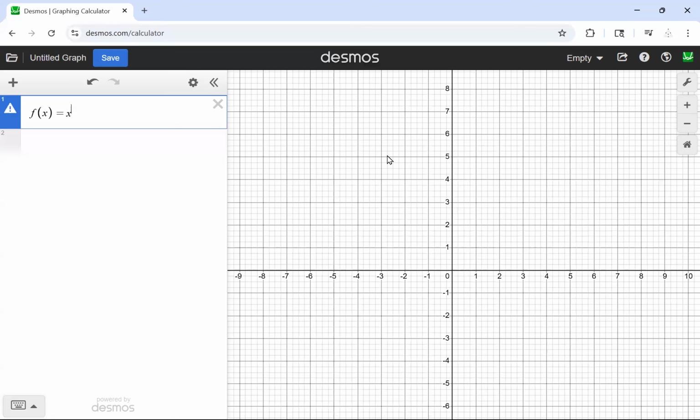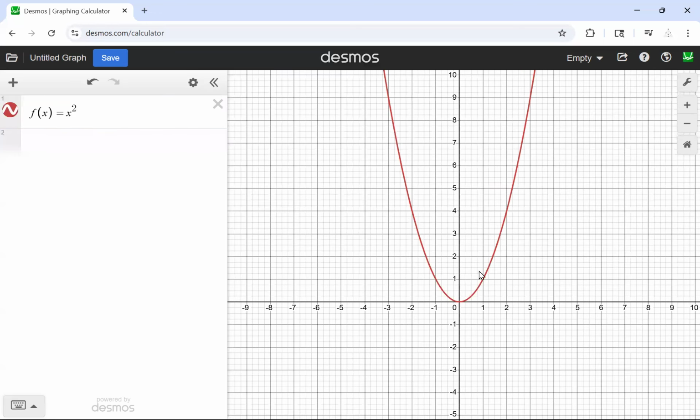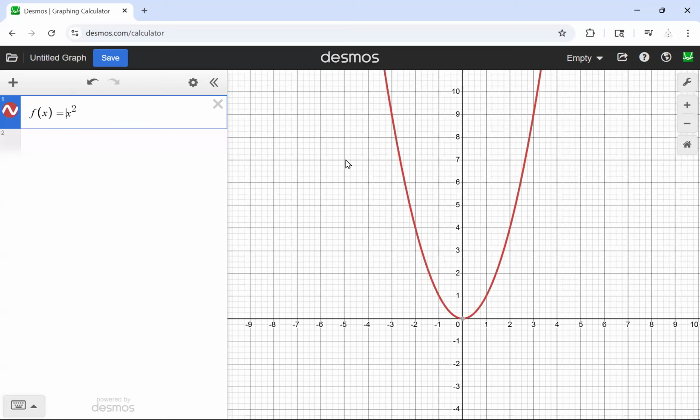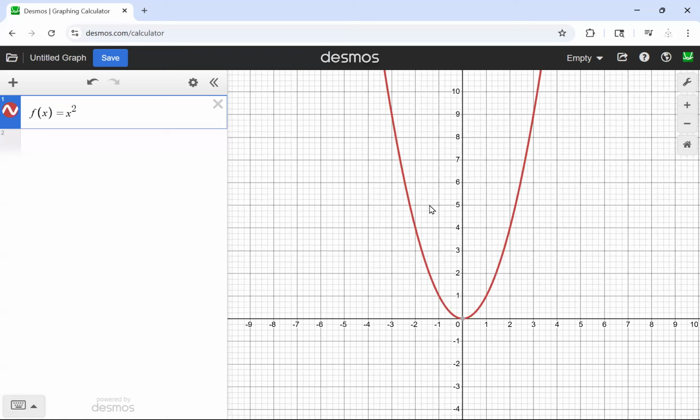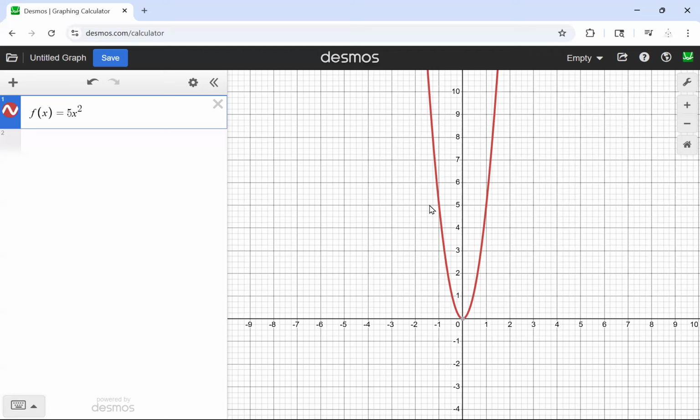And I know I haven't done this before, but x squared, if I multiply that by any coefficient, let's say 4, all I do is vertically stretch my graph by a factor of 4, or in this case, I multiplied by 5, that would be a vertical stretch by a factor of 5.